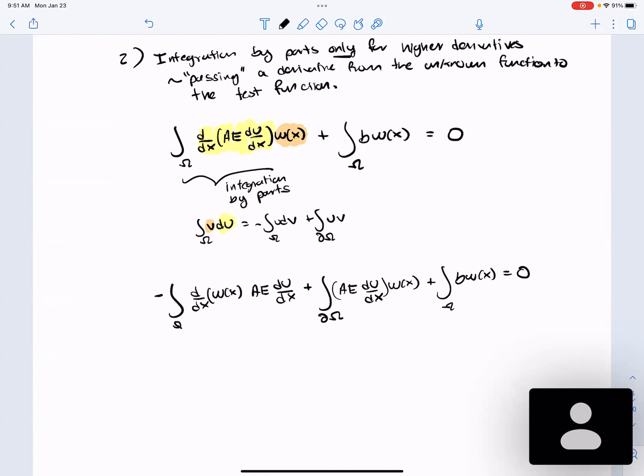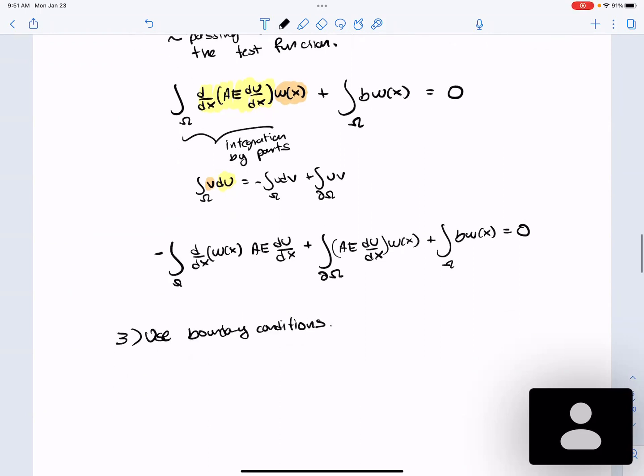So just integration by parts. And then the third step is to use the boundary conditions.